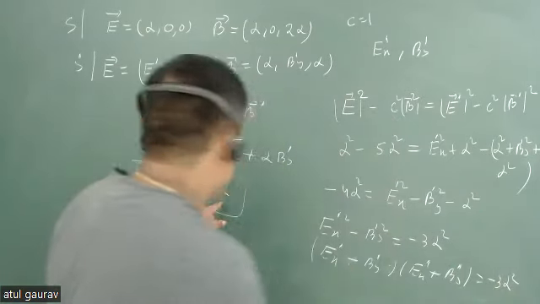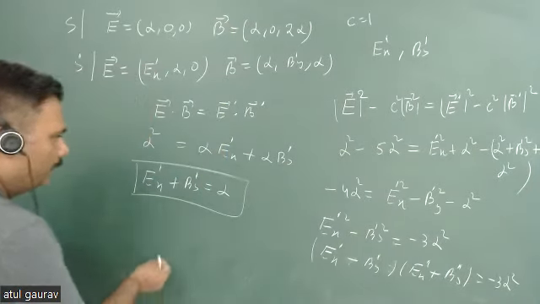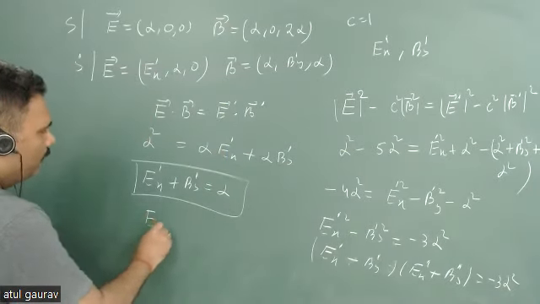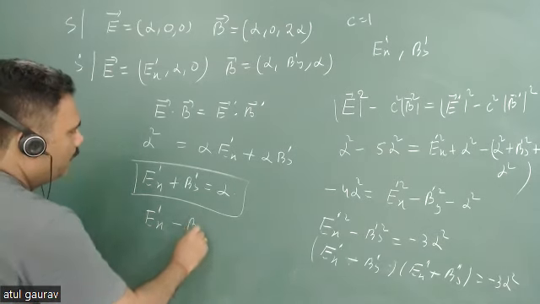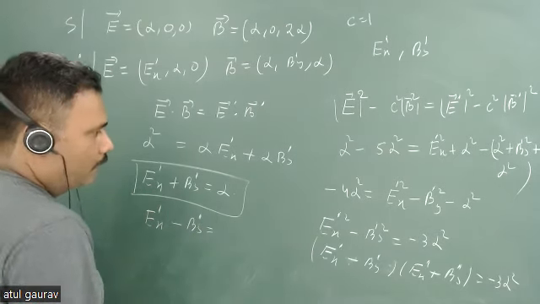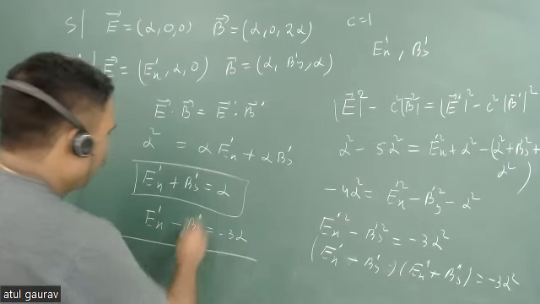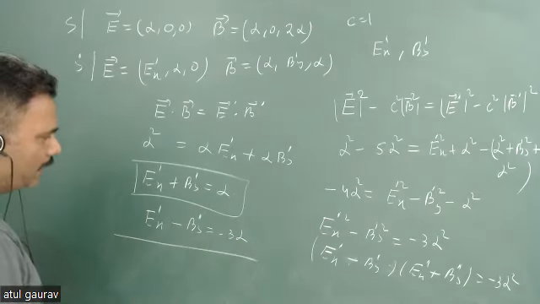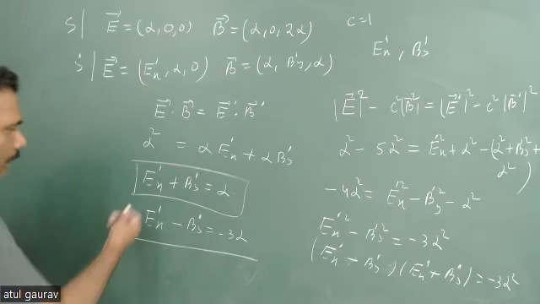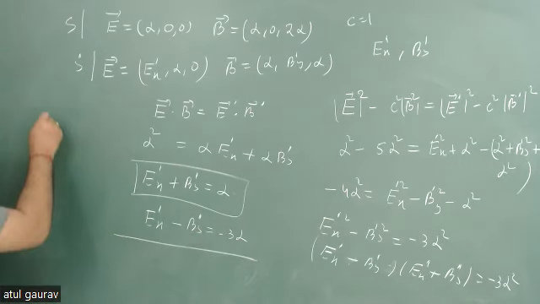And Ex dash plus By dash is nothing but alpha. So you have two equations. The second equation is Ex dash minus By dash is equal to minus 3 alpha. And once you add them and again subtract them, you will get this value of Ex dash. What will the value of this Ex dash be?